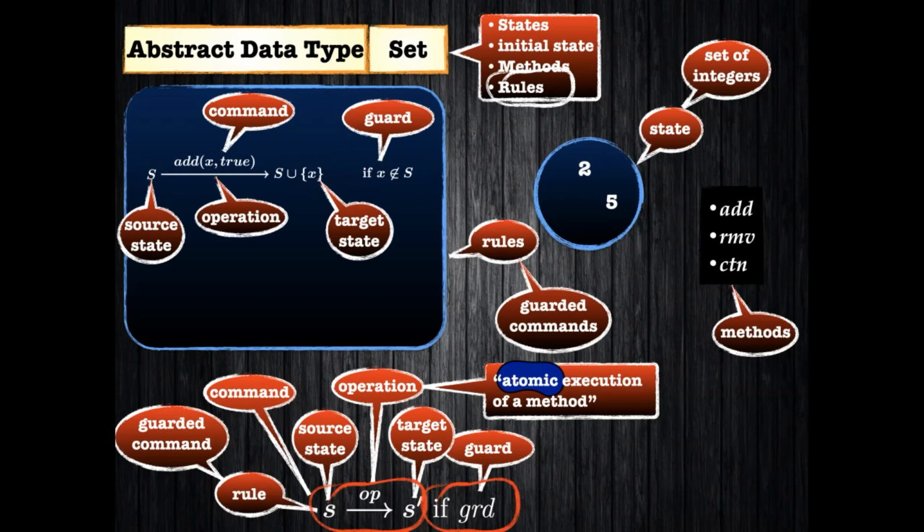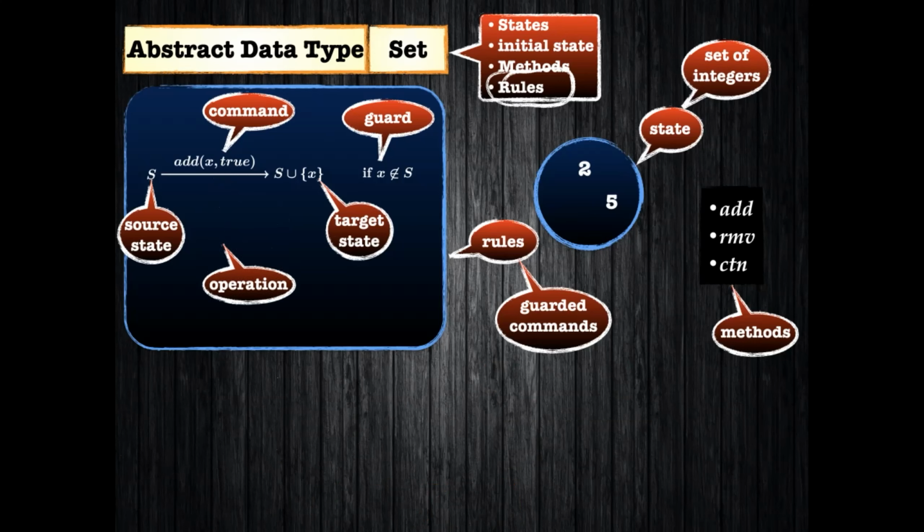And if you look at the command, now you see that you change states and you perform an operation. And if you look more closely at an operation, it consists of 3 parts. It's a method name, it's an input, and it's an output. So this will be the general form. Maybe one of the input or the output may be missing, but in general, an operation is that you take a method, which you identify by its name, which is add in this case.